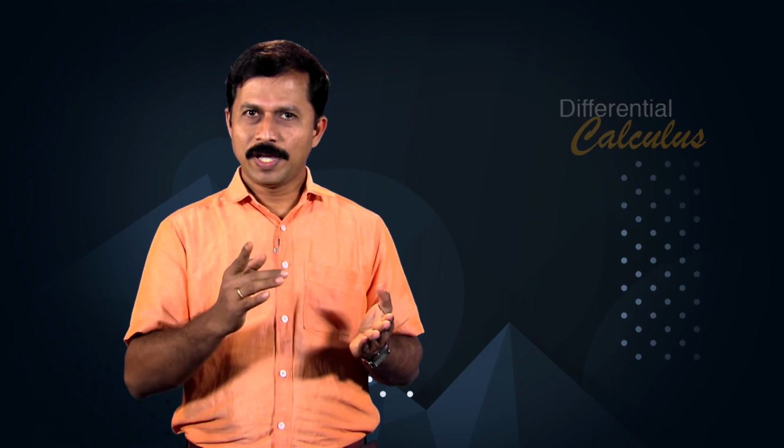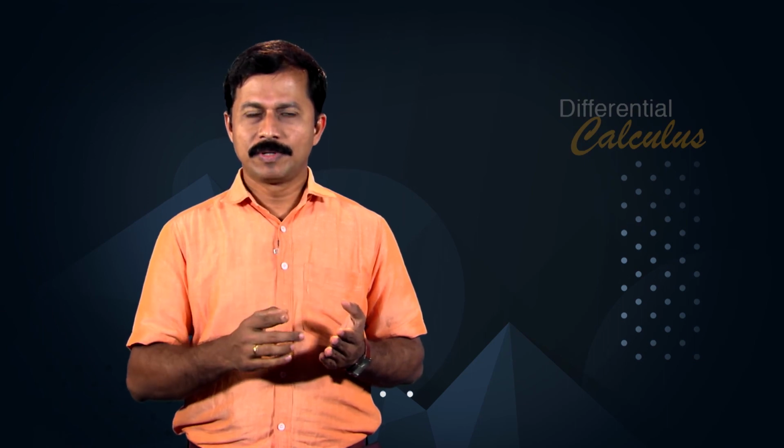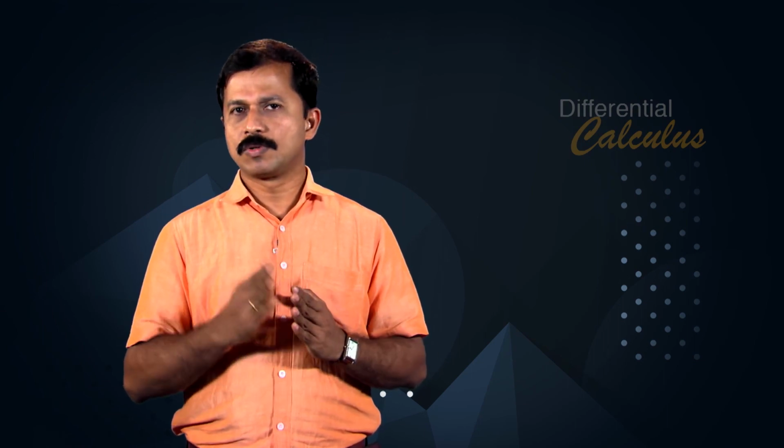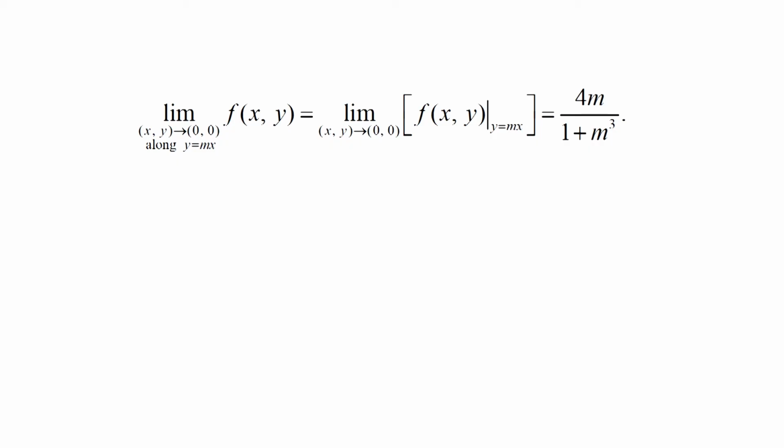Therefore, f has this number as its limit as (x, y) approaches (0, 0) along the line y = mx. That is, the limit as (x, y) approaches (0, 0) along y = mx of f(x, y) is 4m/(1 + m^3). This limit changes with m.